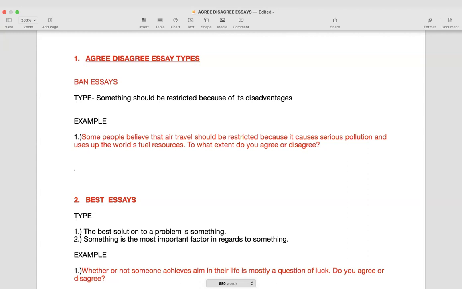And we have to say whether it is the best solution or there are better solutions than this, or is this the number one solution? For example, there's a question in your book that the best solution to environmental problems is increasing the price of fuel, like making petrol and diesel costlier. That's the best solution to environmental problems.